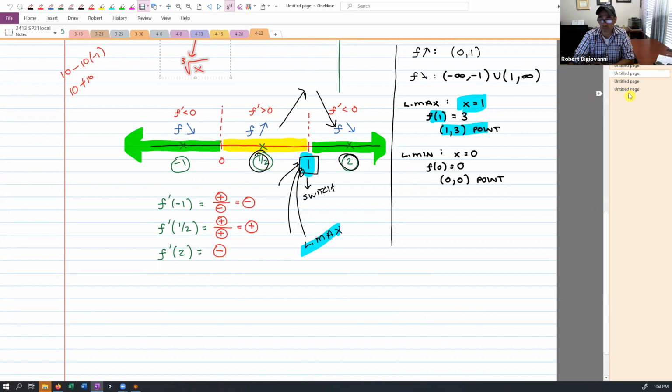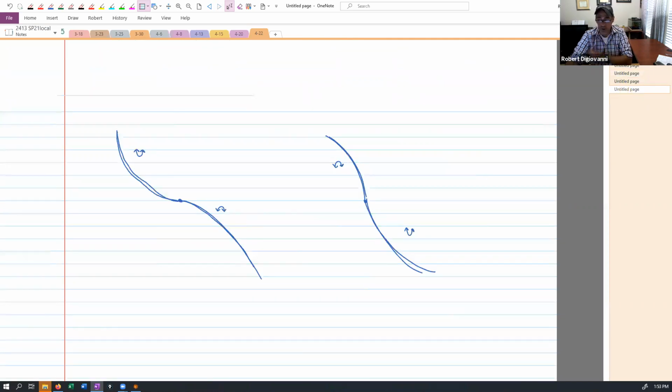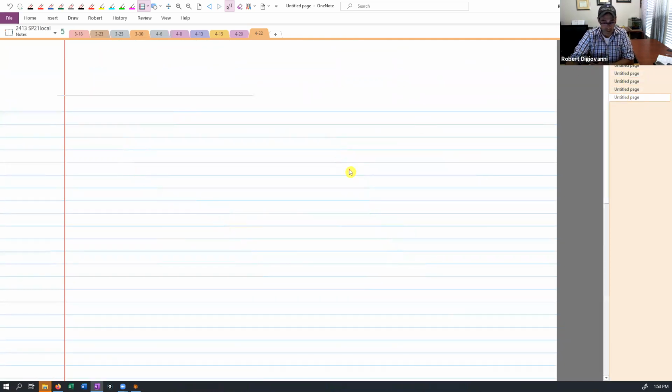So let me show you in real life where an inflection point's important. Oh, you know what? I took a screenshot of something the other day. Hold on. I was reading something and I took a screenshot because they used the word inflection point. And I was like, I'm going to use this in class. Hold on.